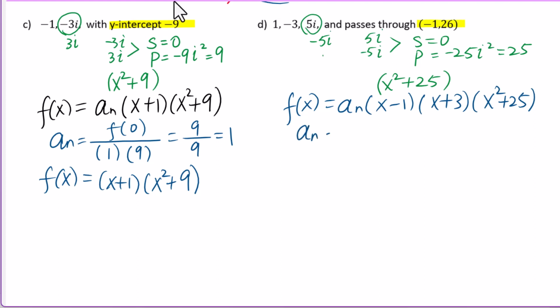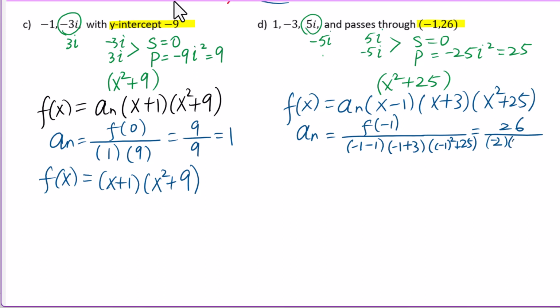So we get a sub n equals f of negative 1 over (negative 1 minus 1)(negative 1 plus 3)((negative 1) squared plus 25), which equals 26 over negative 2 times 2 times 26, which equals negative 1 over 4.